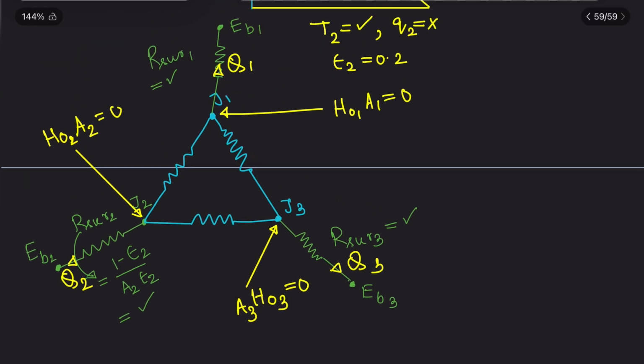If you need to find EB1, then you need to work with this part. This is just an intuition. So how can you find EB1? Firstly, we will see that EB1 is having a direct correlation with J1. That is fine. Now if I do the charge balance in J1, how can I do that?